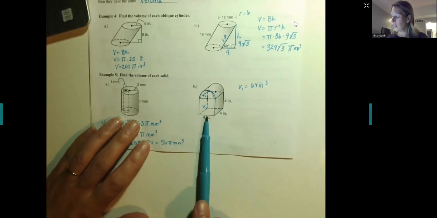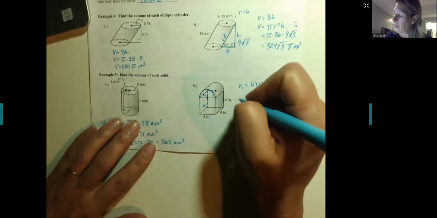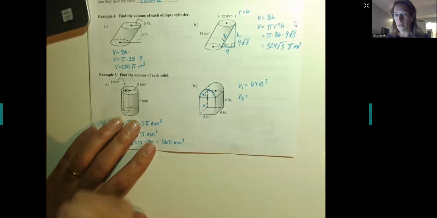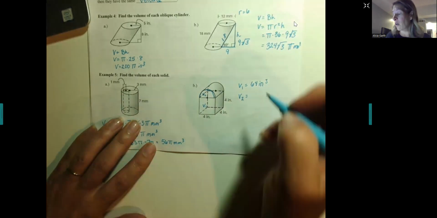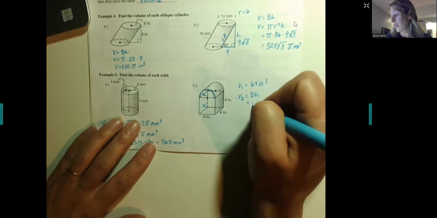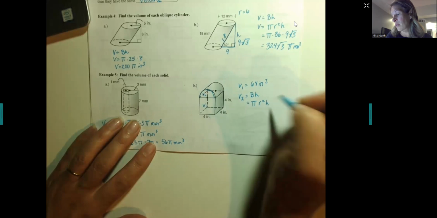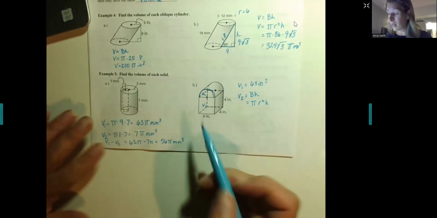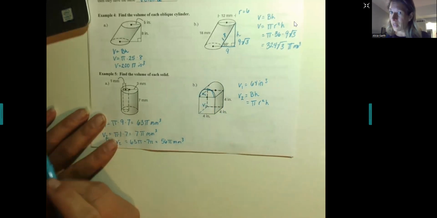Because it's a cube, I just did length times width times height. Now, the volume of the second one, I have to find, I know, is base times height, which I know is pi r squared times height. But it has to be half of it because it's only half a cylinder.